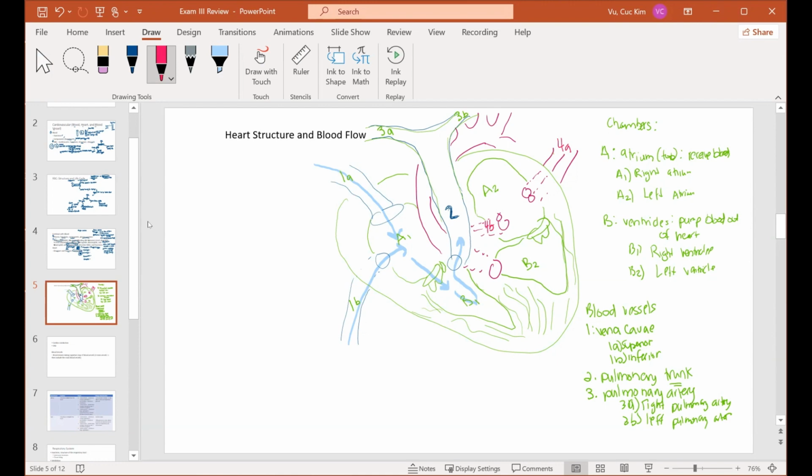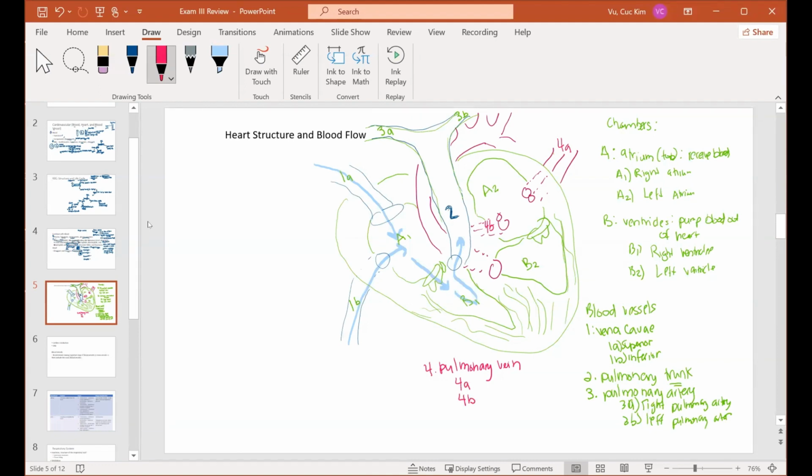So what's number 4? Now it's going back to the heart from the lungs. So if it's coming from the lungs, you know it has to have pulmonary. But now it's going towards the heart, yes, thank you, pulmonary veins. And the pulmonary vein has 4A and 4B.